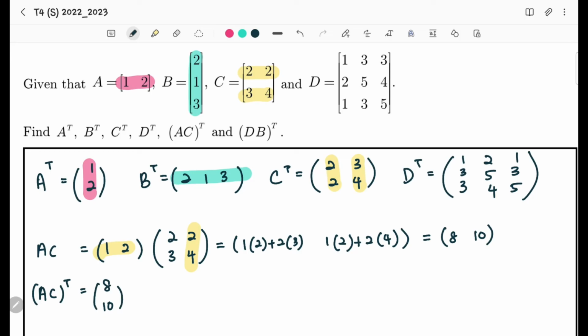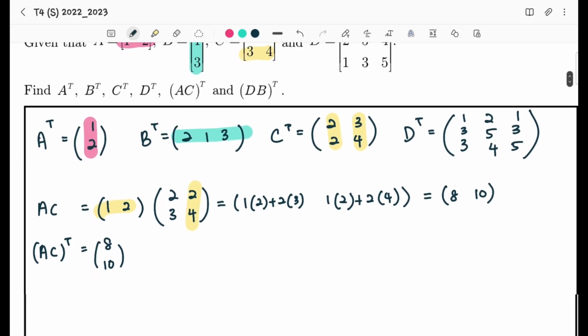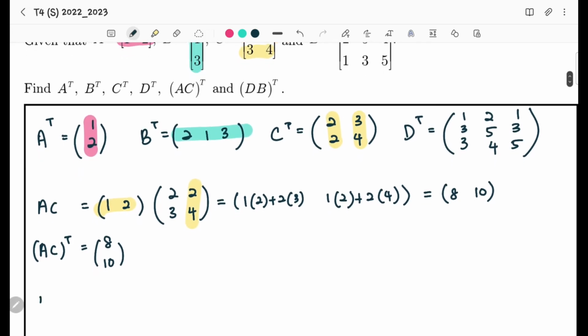Or you can just use the property: AC transpose is equal to C transpose times A transpose.